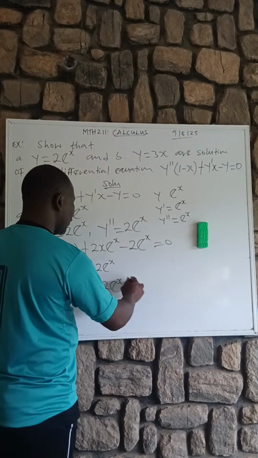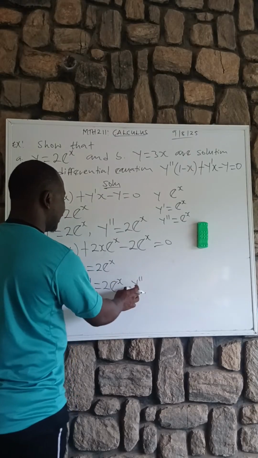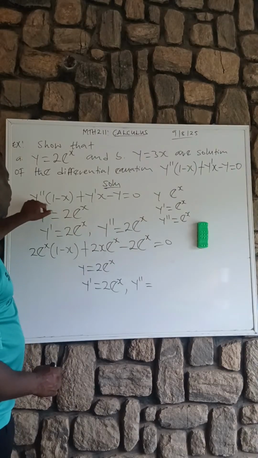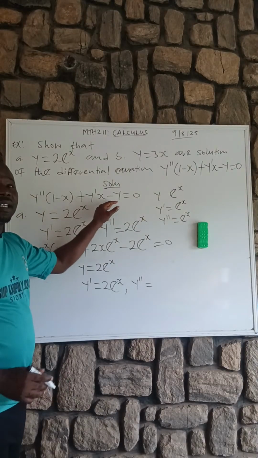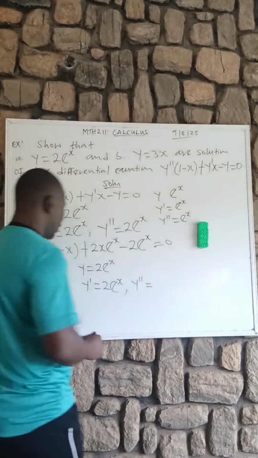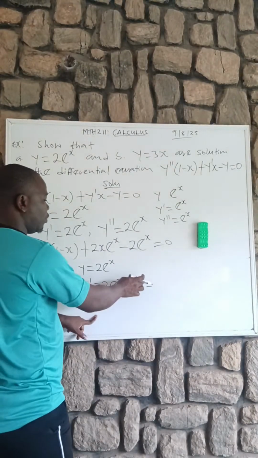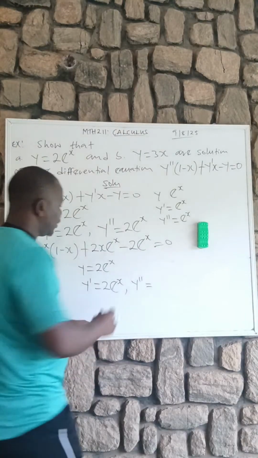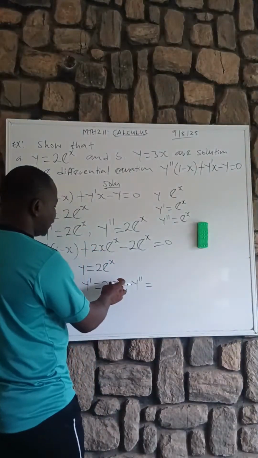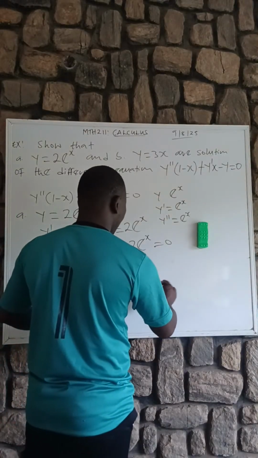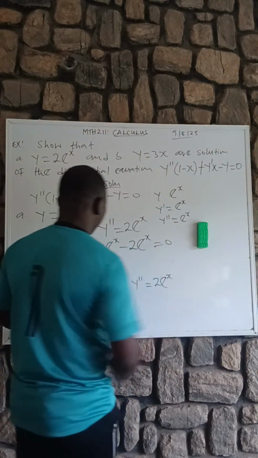Then y prime prime: the reason is that the differential equation is a second order differential equation, so you have to differentiate this function again to obtain y prime prime. If you differentiate this function, it still gives you back the same answer, 2 exponential x. True or false?